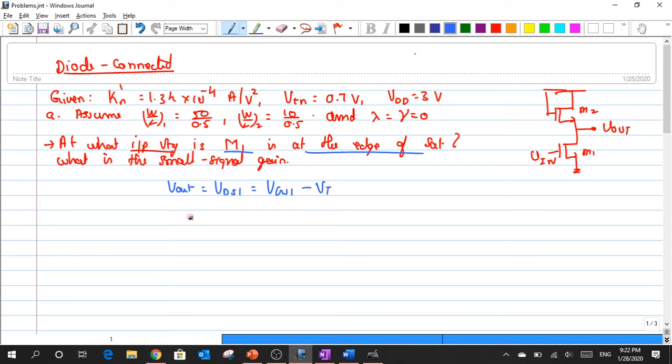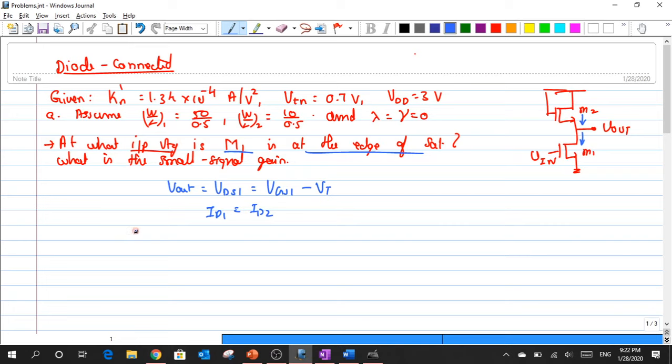Also, what one could conclude is that the current that flows through M1 and M2 would be the same. So I'm just going to use all of these factors in order to solve an equation. The currents ID1 and ID2 are going to be equal, and I'm going to assume that each of these transistors is in saturation.